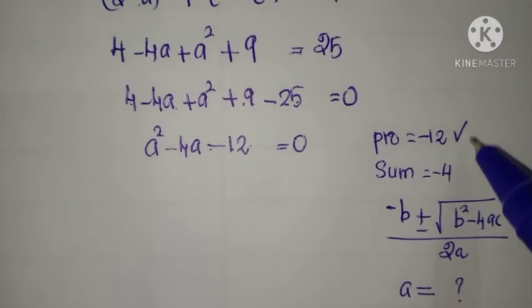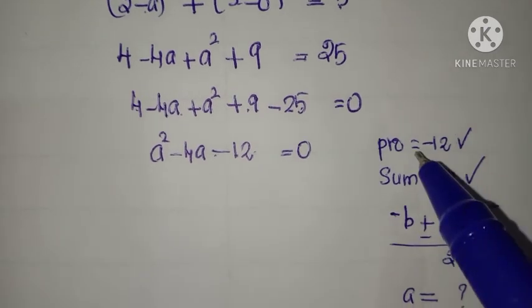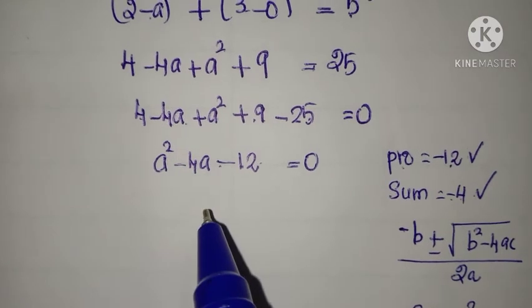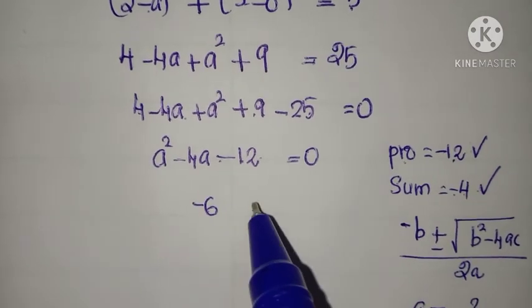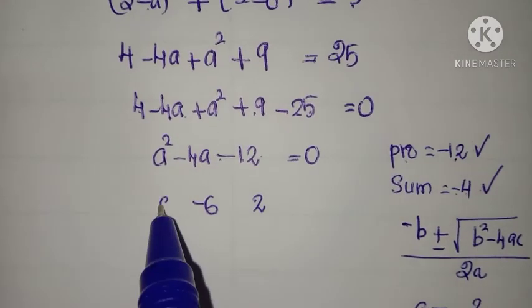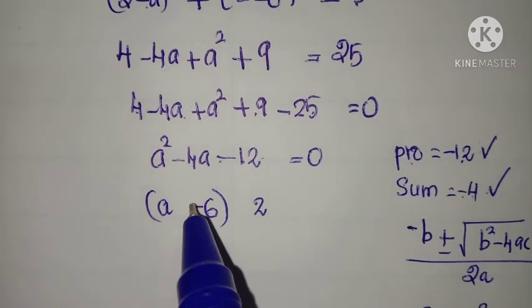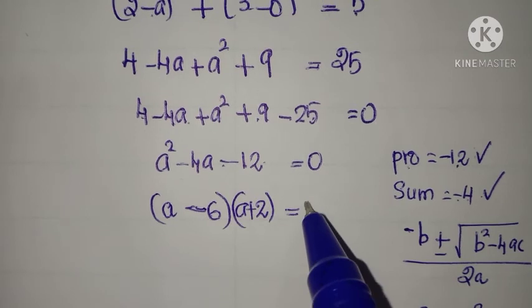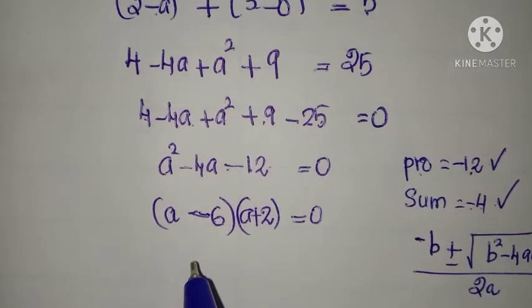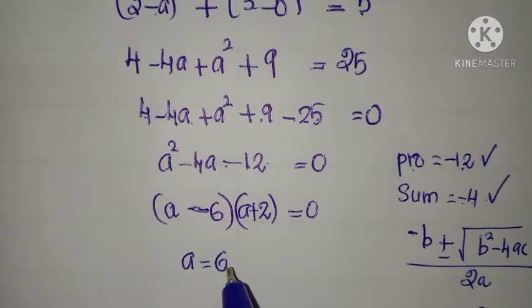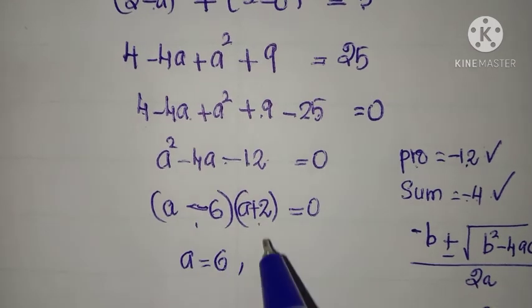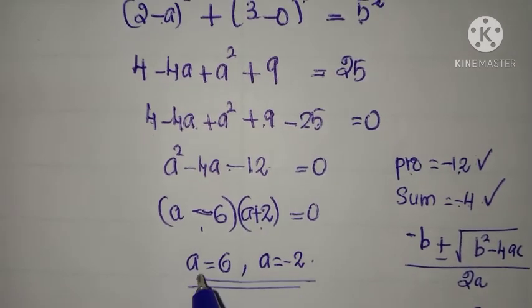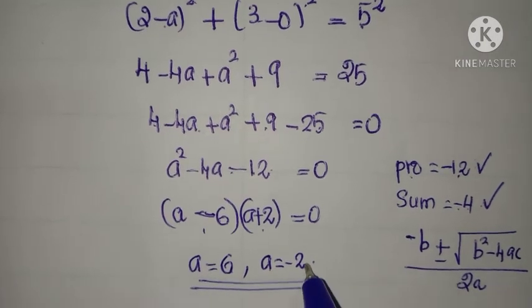So directly we can say two numbers whose product is minus 12 and sum is minus 4. The numbers are minus 6 and 2. So the factors are (a minus 6) and (a plus 2). So (a minus 6)(a plus 2) equal to 0 implies a is equal to 6 from here and a is equal to minus 2. So the values of a are 6 and minus 2.